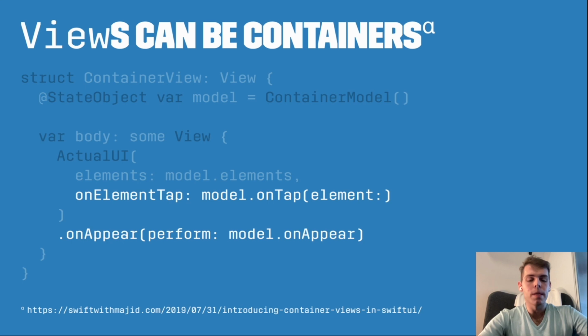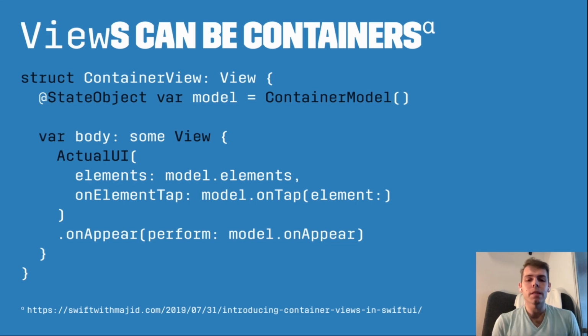So anytime the user interacts with any of the elements in our container, this event will be forwarded to our model. And also the onAppear event is forwarded to our model, which means that it is our container at the end that has all the business logic and knows what the state of our current flow is, and will be able to decide what to do next.